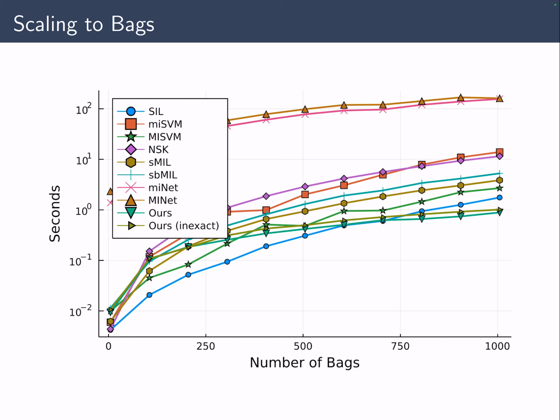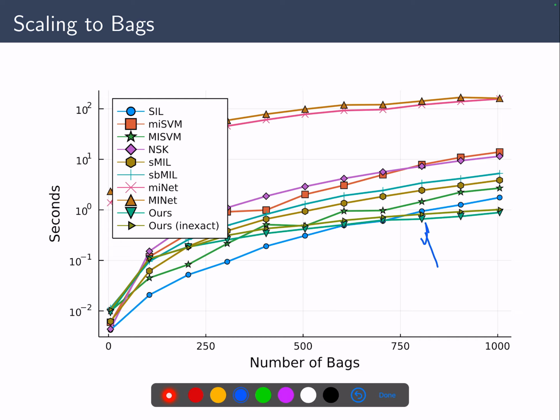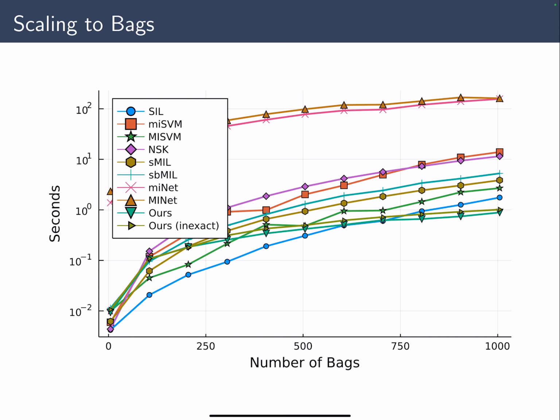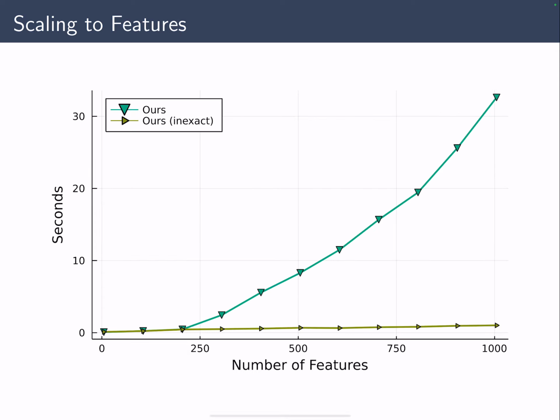We can see that at around 800 bags, our approach, both the exact and the inexact, train faster than the compared approaches. In addition, we want to explore whether our derived computational complexity of a linear scaling to features holds for our inexact approach.